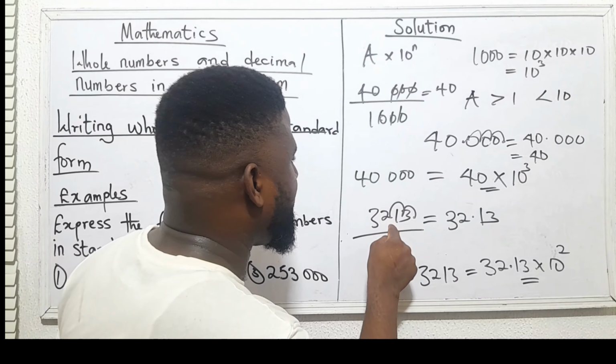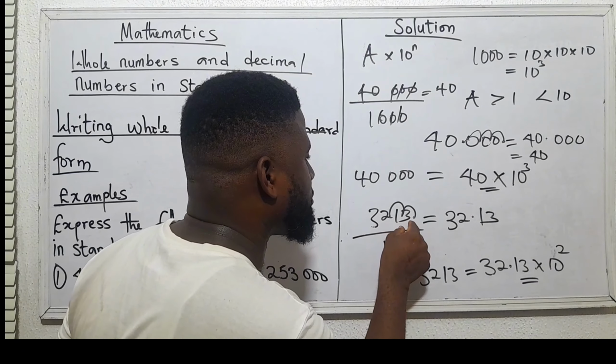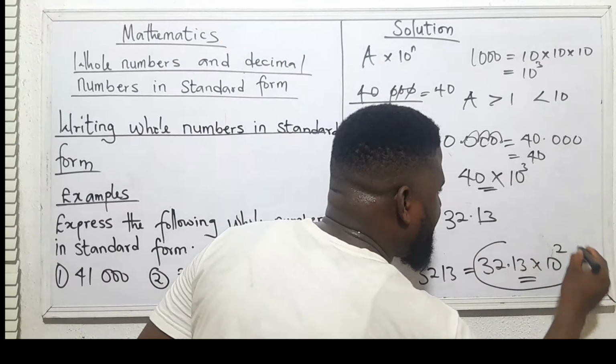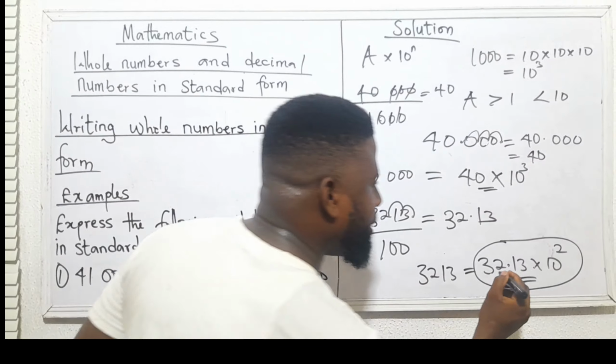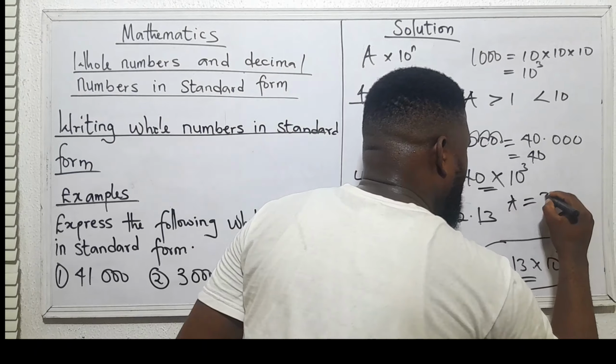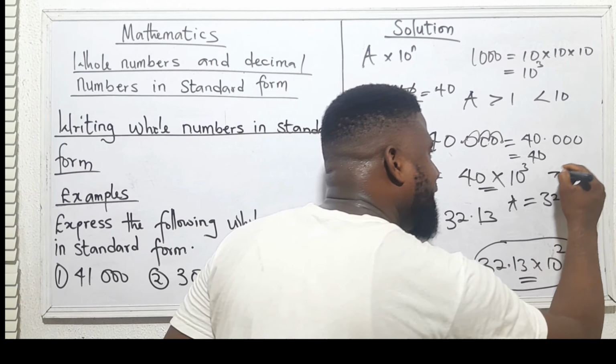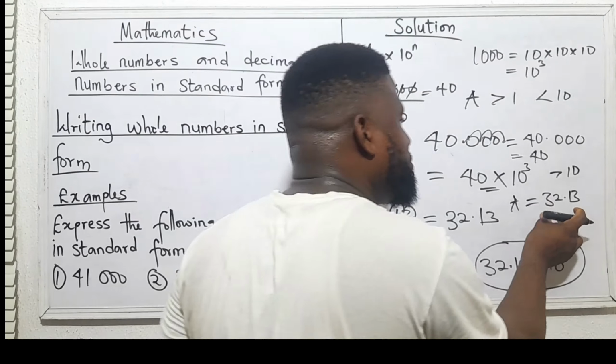Now, if I write 32.13 in standard form, this is not a correct standard form because our A, 32.13, is clearly greater than 10. And our A must be what?